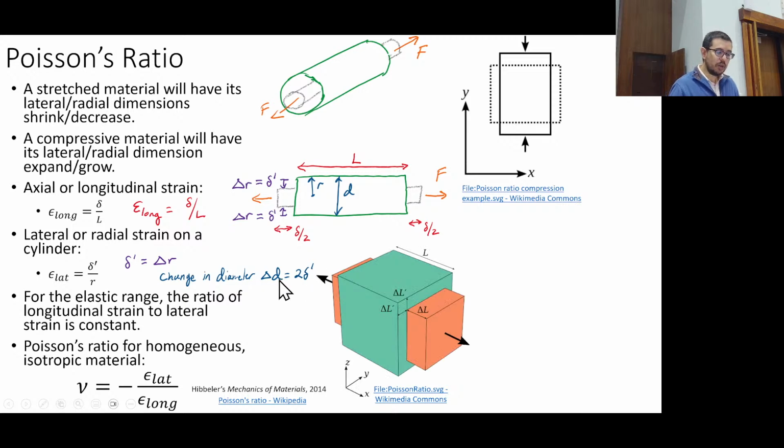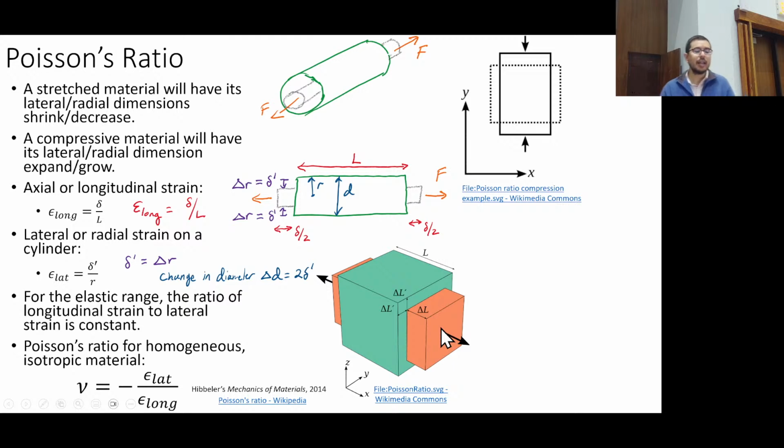It's tricky because the change in diameter, delta d, is equal to 2 times this delta r. Here's a nicer view: you can see that you have a delta L and a delta L prime, and that is related to this delta L in this direction.